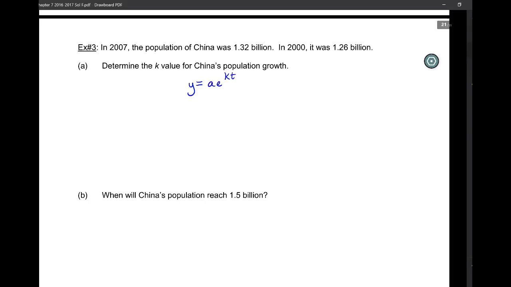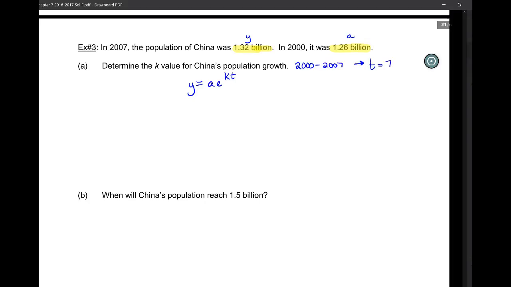What do we know? Well, do we know the starting amount? Yeah, what was the starting amount? Good, so this is what we start with. This is our A. Do we know how much we end up with? Yes. Good, so 1.32 billion, that's our Y. Do we know T? How many years have passed? From 2000 to 2007 means T equals 7.